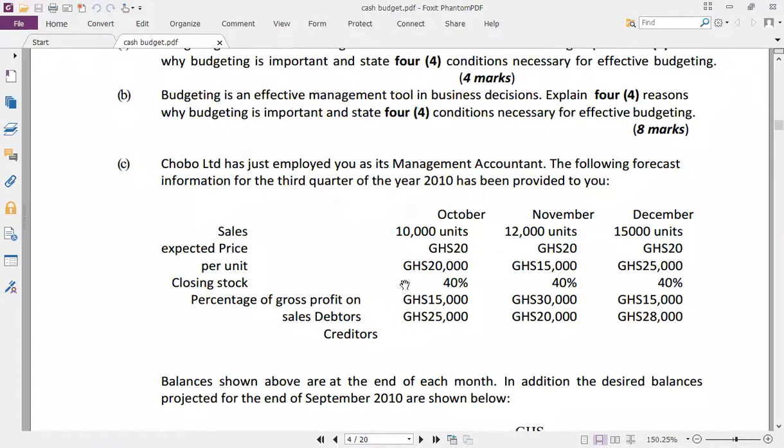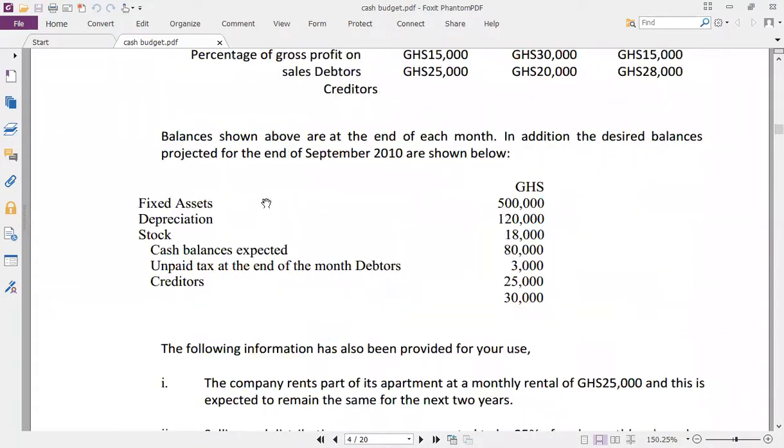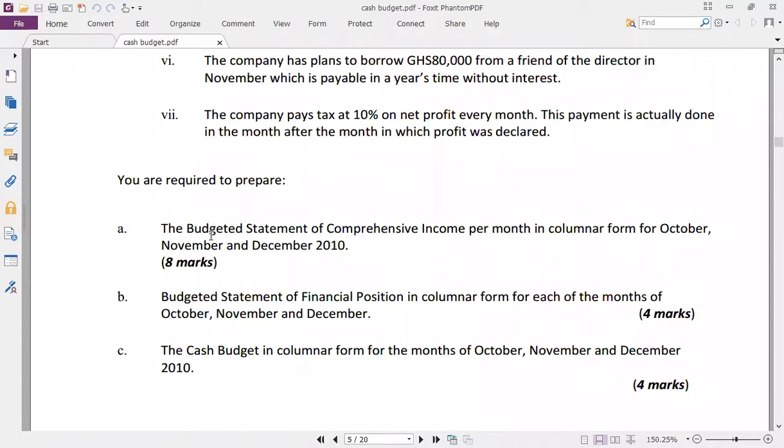Basically, you are required to prepare a statement of comprehensive income per month in columnar form for October, November, and December 2010. Yes, the same question came in November 2015.